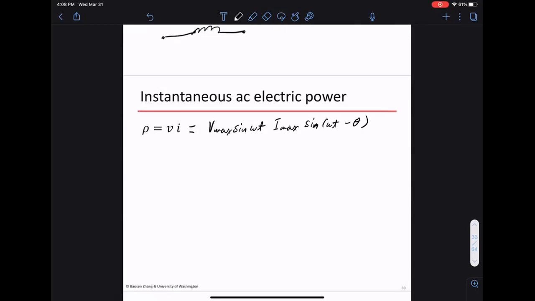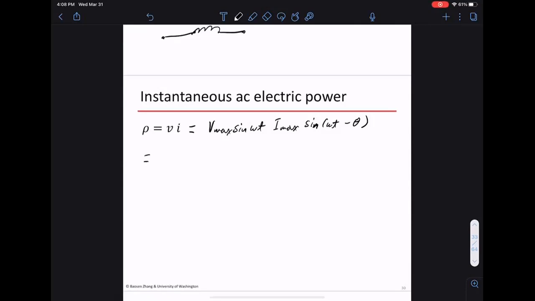The problem with thinking about power this way is that it is a really complicated formula, a multiplication of two sine waves. This is not a very convenient way of thinking about power. We rather think of power as an average quantity and not a product of two sine waves.